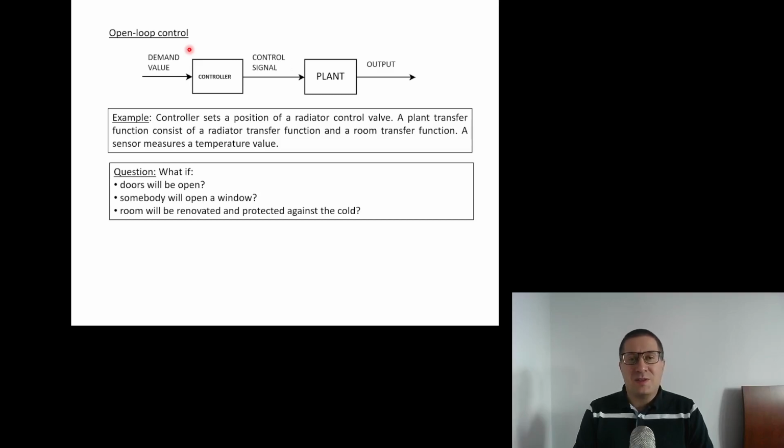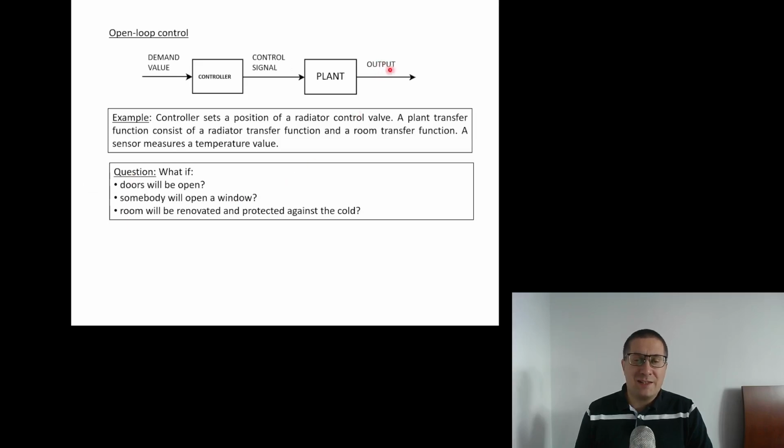What if somebody opens the door? Or maybe the room will be renovated. It protects against the cold in the next season. What then? My model will still be valid or not? So in the open loop control, we are not able to compensate disturbances because all those things are disturbances.